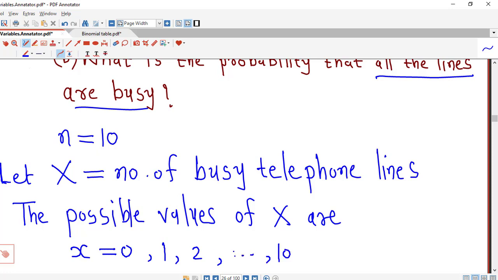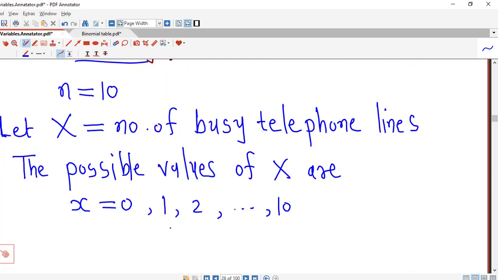So there are chances that no telephone line is busy, there are chances that one telephone line is busy, and the maximum possibility is that all the telephone lines are busy. So these are the possible values of x.